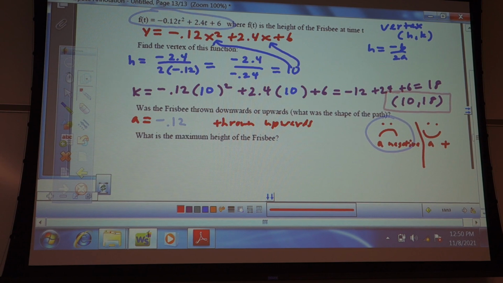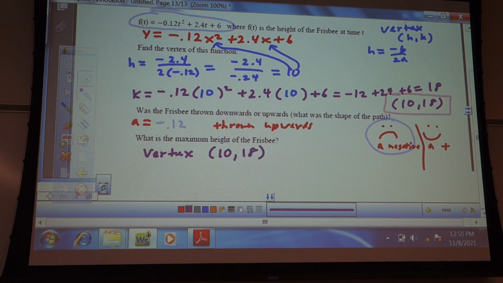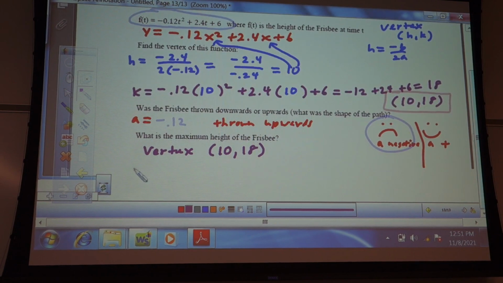What was the maximum height of the Frisbee? So my vertex is my maximum, right? My vertex is (10, 18), which means what? X stands for the time, and Y is the height.